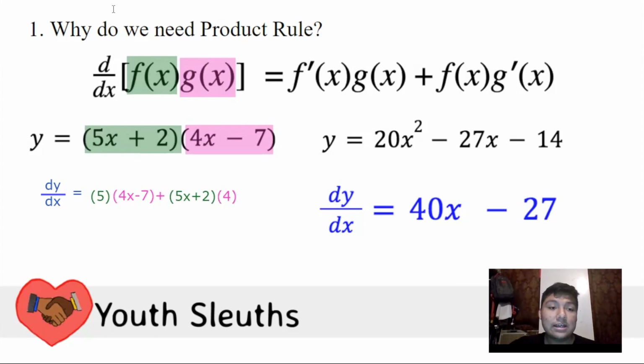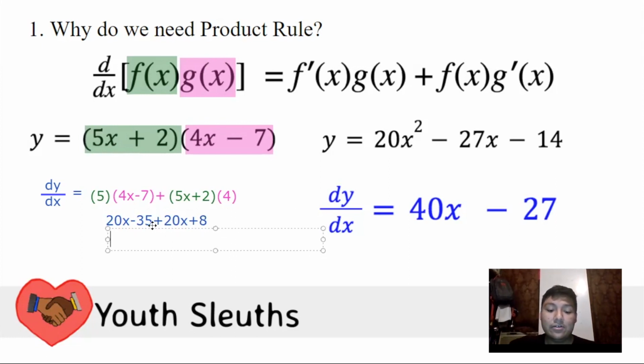Now we multiply and then simplify until we get the final derivative. So we multiply 5 times 4x minus 7, which would be 20x minus 35, plus, and then 5x plus 2 times 4, which would be 20x plus 8. Now for the final step, we add them.